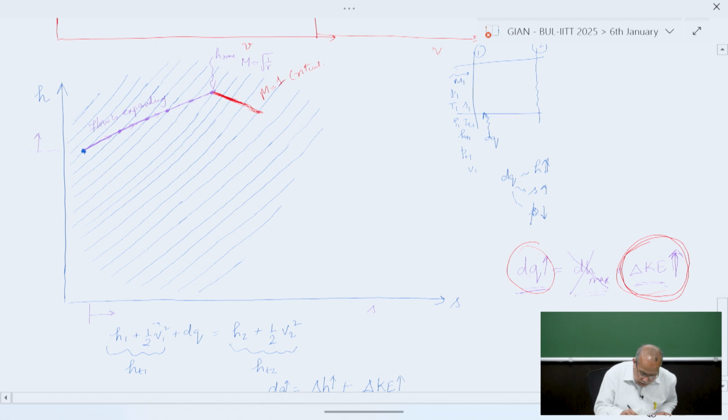So now we can see that the effect of heat addition will cause a subsonic flow, because it is accelerating and reaching M equal to 1. So here it is M less than 1.